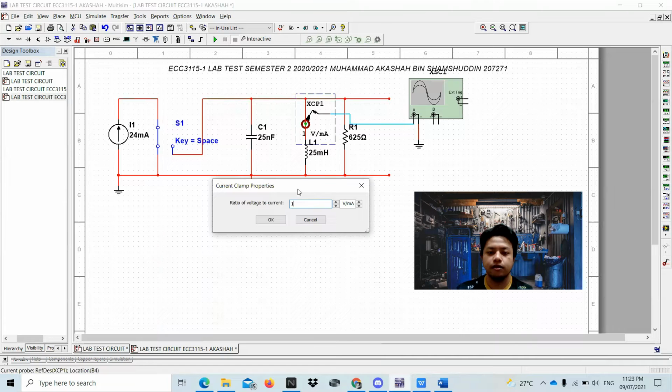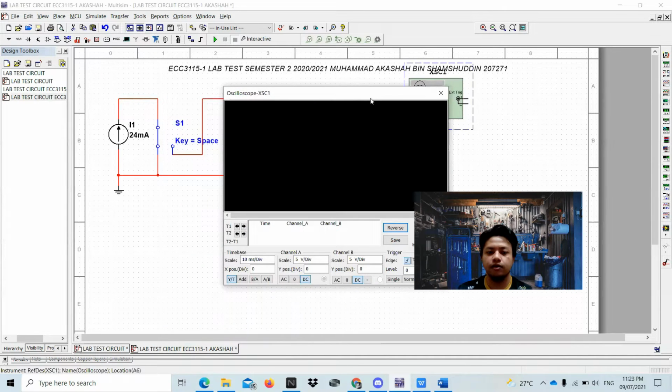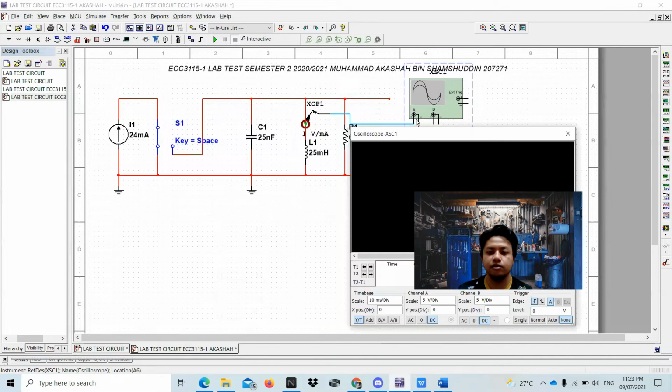So if I change to maybe 3, that means there is a flow of 3 volts with 1 milliampere. In this lab test, I will change to 1 reading, and the oscilloscope will read the voltage.